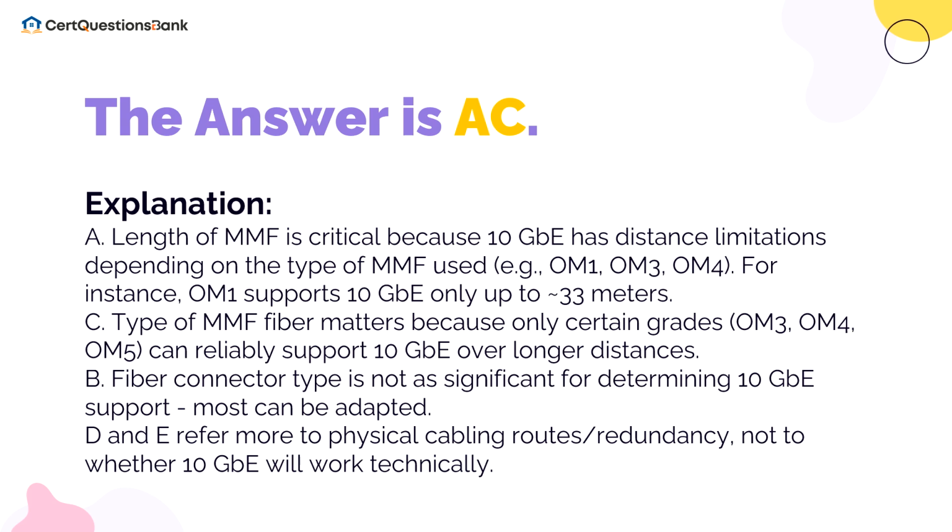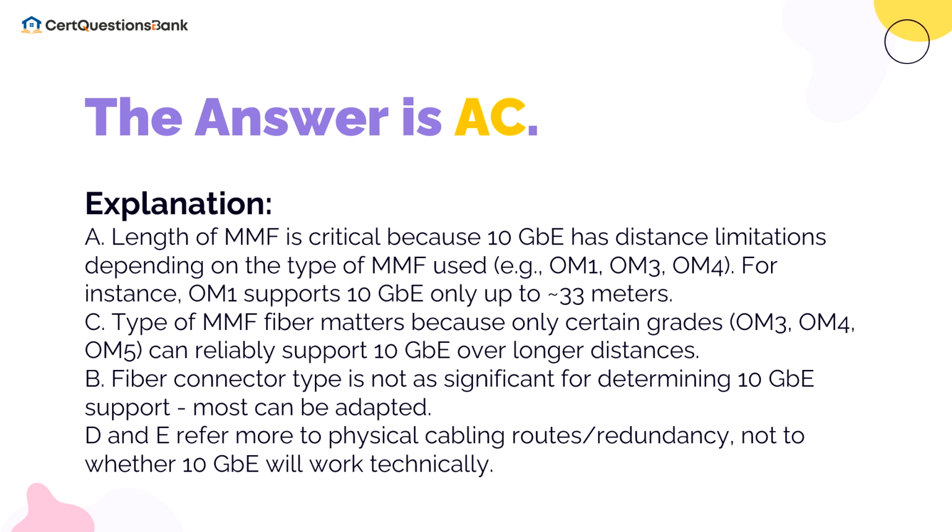C. Type of MMF fiber matters because only certain grades, OM3, OM4, OM5, can reliably support 10GbE over longer distances. B. Fiber connector type is not as significant for determining 10GbE support. Most can be adapted. D and E refer more to physical cabling routes, redundancy, not to whether 10GbE will work technically.